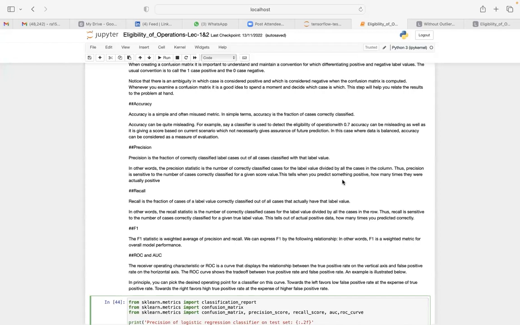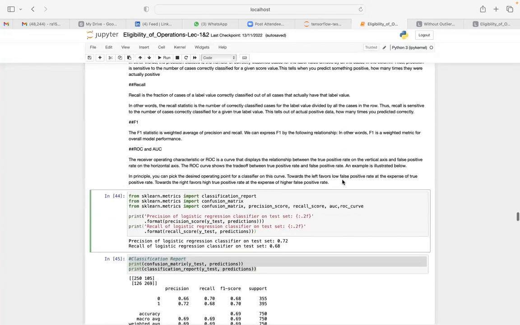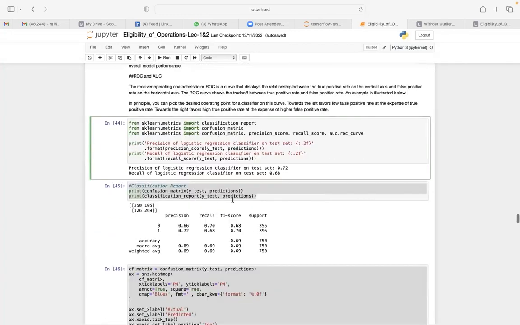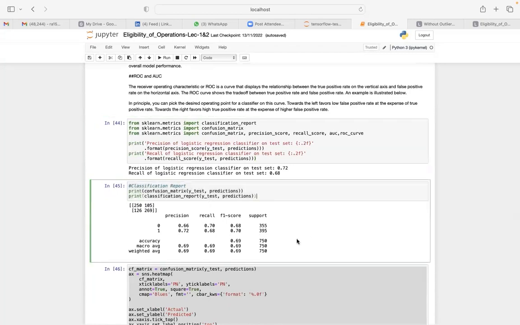And recall says that, whatever true label value you have predicted, is it actually positive or not? It is the fraction of label value correctly classified out of all the cases that actually have that label value. So right now, when you go through this entire classification report, by definition, you can see that it is trying to classify two different cases, 0 and 1.